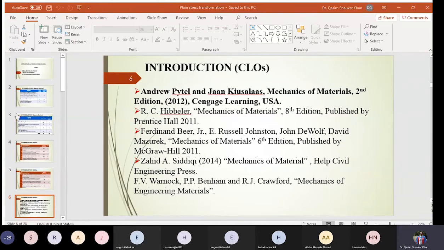If you can give me a moment, I can share the link of this book. I have this book placed on the OneDrive, so I can share the link with you in your team, and you can download that book.